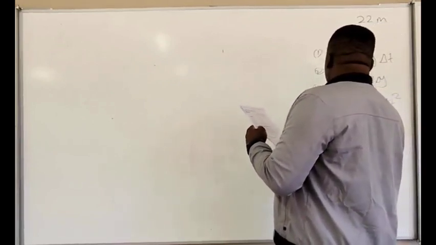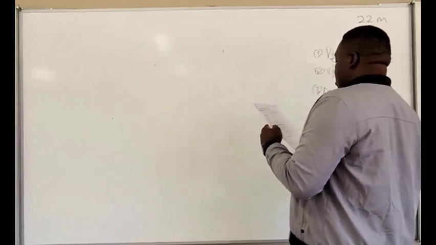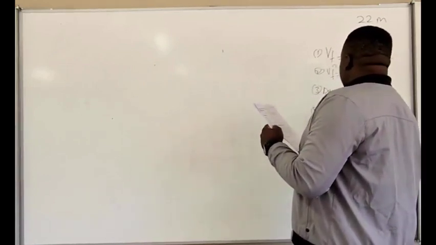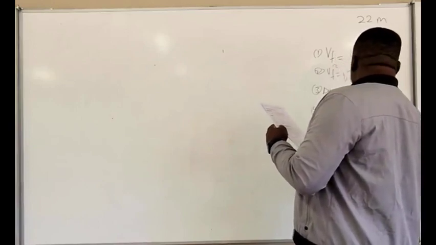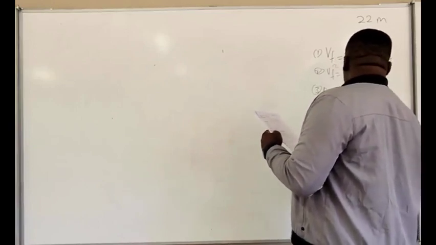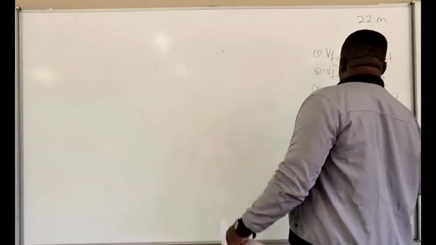Then number 4, delta Y is equal to VI plus VF over 2 multiplied by change in time.